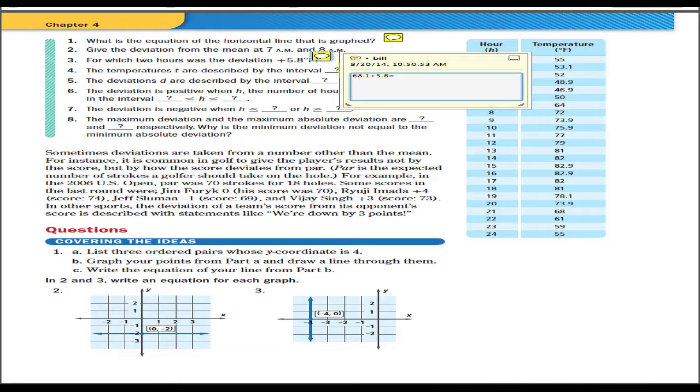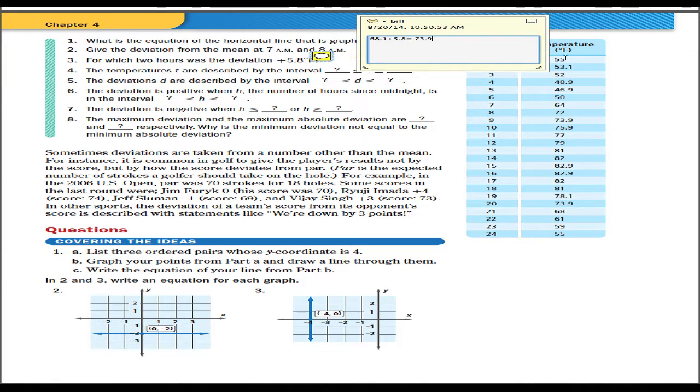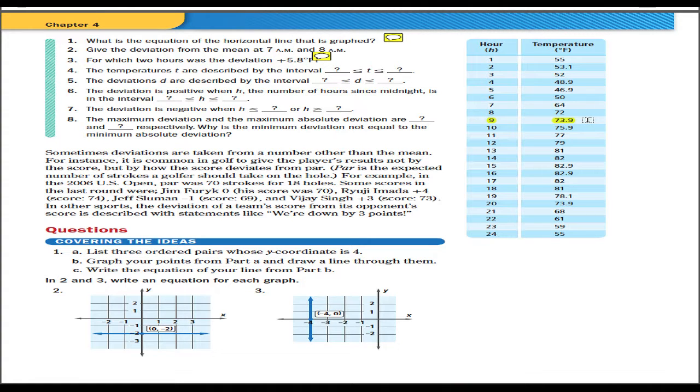So 68.1 plus 5.8 puts us up at 73.9 degrees. Now at 73.9, I look down through the table. I find at 9 a.m. I'm at 73.9. Keep going. It got hotter, hotter, hotter. It's going to cool off. There it is. At 8 p.m., 2000 hours, the 20th hour, it's 73.9 degrees again.